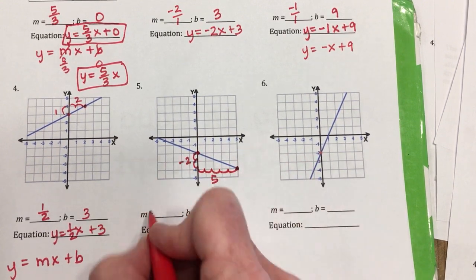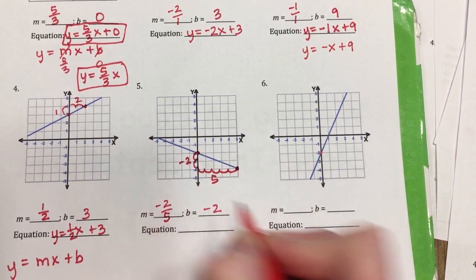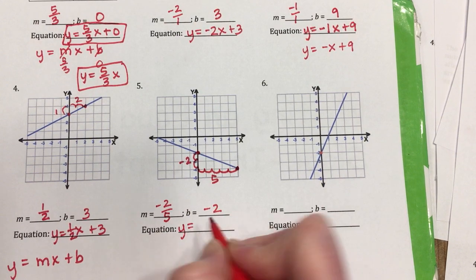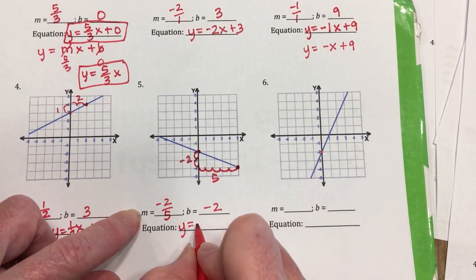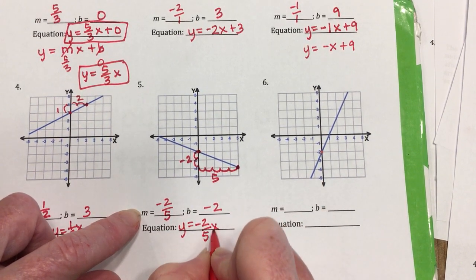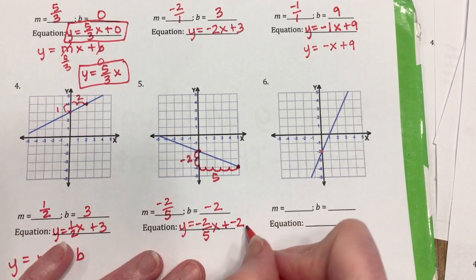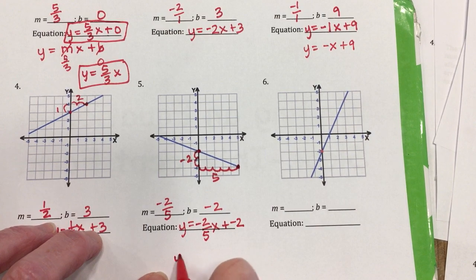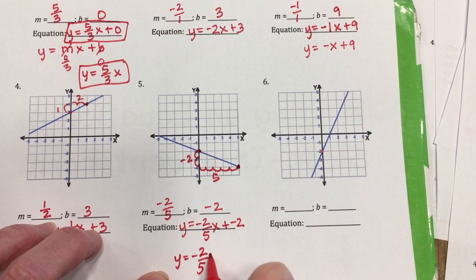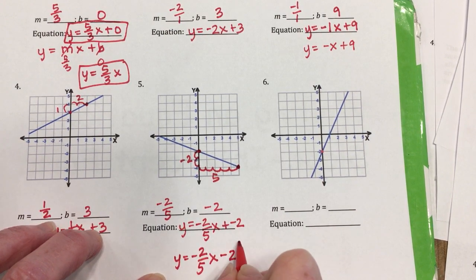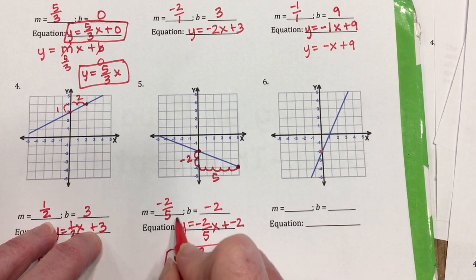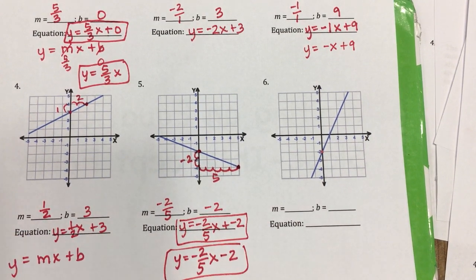So rise over run, -2 over 5. So if I write that as an equation, y equals m, negative 2/5 x plus b, plus negative 2. Now, I don't have to say plus negative 2. The other way to write that is negative 2/5 x, and then just make it minus 2. That would also work. Both of these are fine.